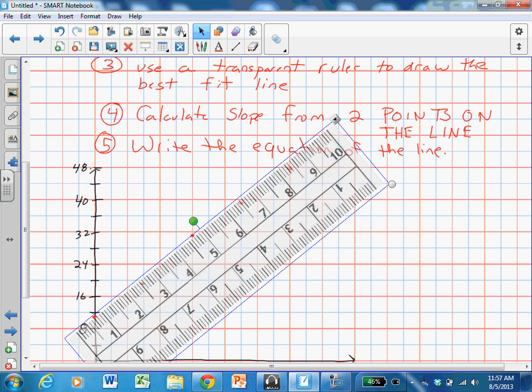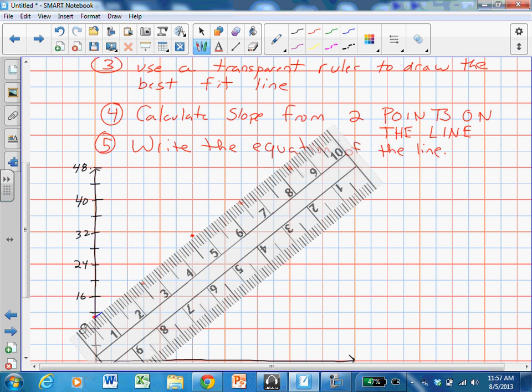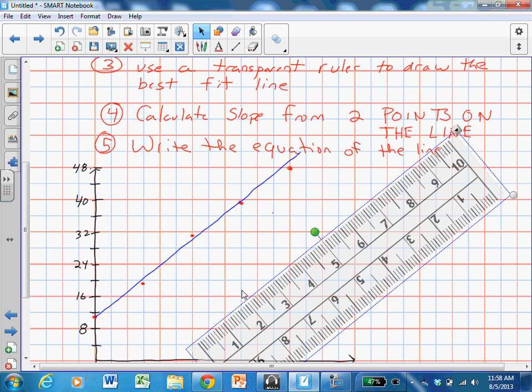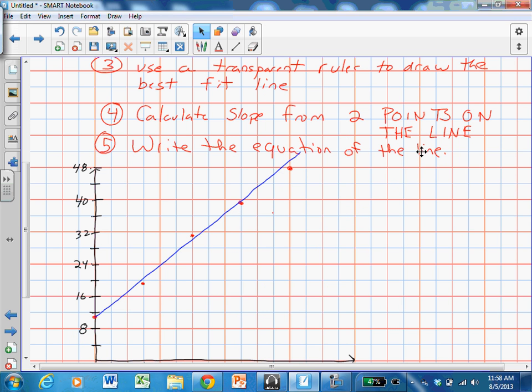And now I'm going to draw the best fit line on the edge of the ruler through this data. And I'll get rid of my ruler. And I have this line that fits the data.